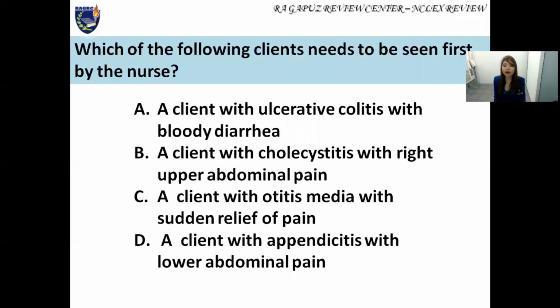Let us eliminate letter A. Why? It is expected. Since ulcerative colitis is an inflammatory bowel condition, you are expecting the client to present bloody diarrhea. As a matter of fact, it would fall between 5 to 25 episodes per day. Letter B, a client with cholecystitis with right upper abdominal pain. So remember, anything with itis means inflammation.